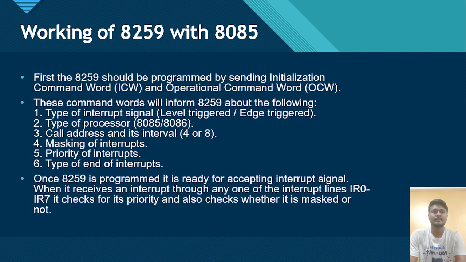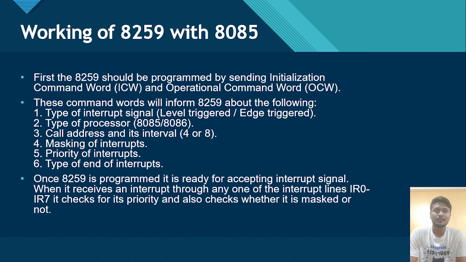Now let's see working of 8259 with 8085. First, the 8259 should be programmed by sending initialization command words and operational command words. These command words will inform 8259 about the type of interrupt signal, whether it is level triggered or edge triggered, the type of processor, whether it is connected to 8085 or 8086, because both have different numbers of hardware interrupts.